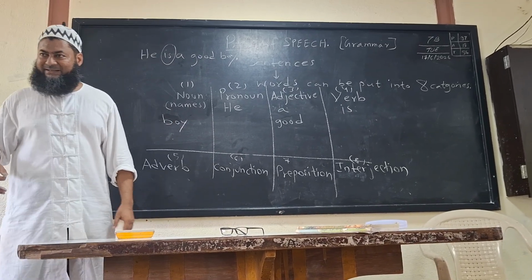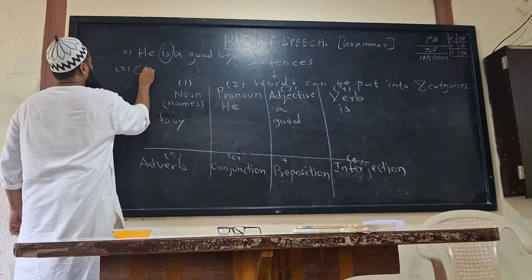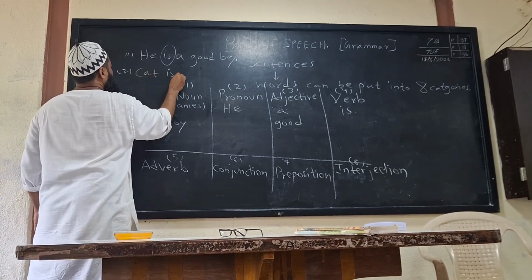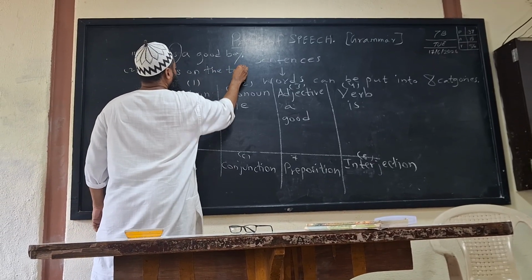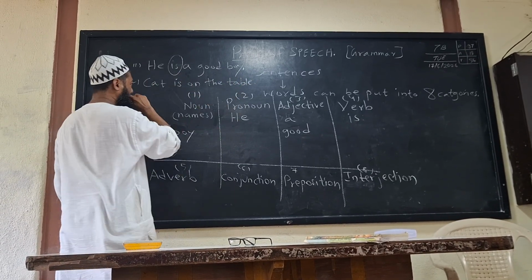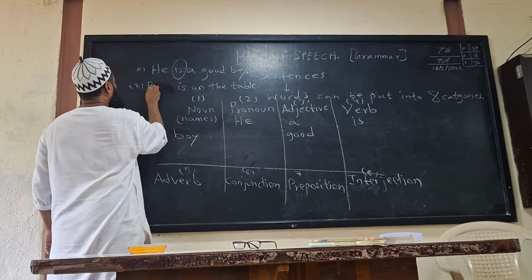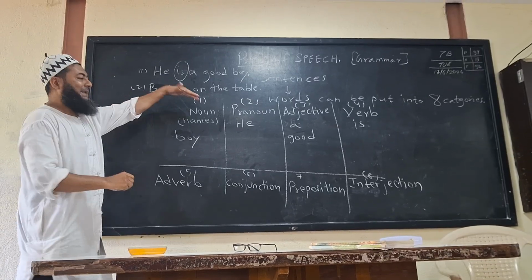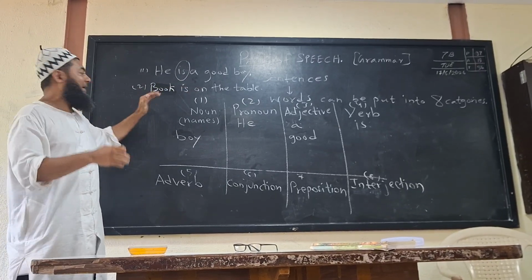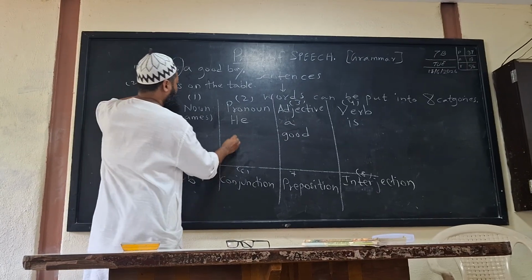Let me give you another example. Let's write one sentence here. Book is on the table. Now you analyze, break the words. This is a sentence, break the words. Book is a noun. Is is a verb.